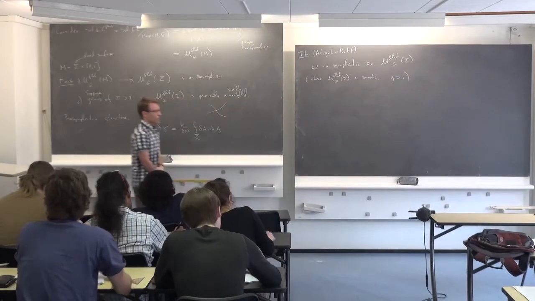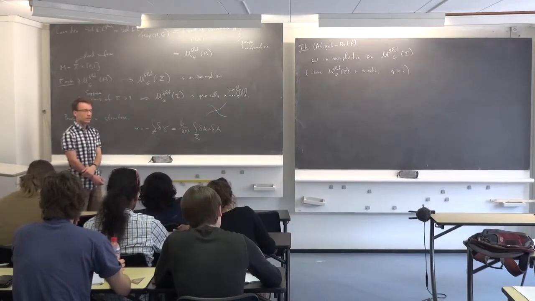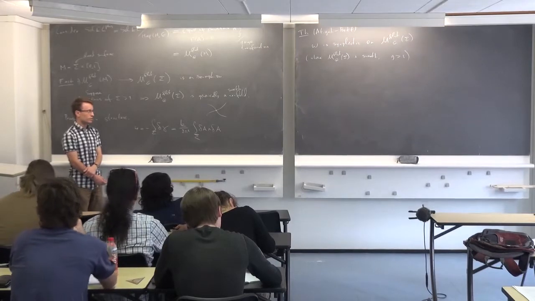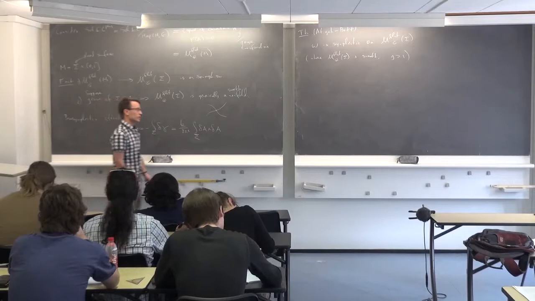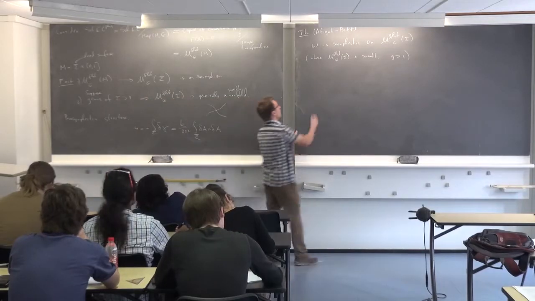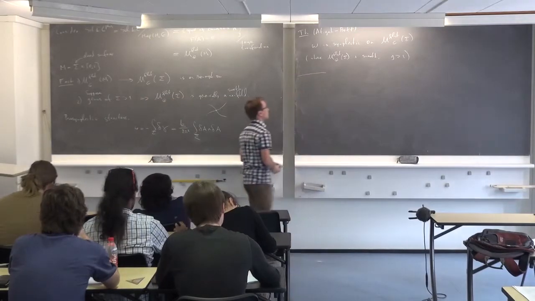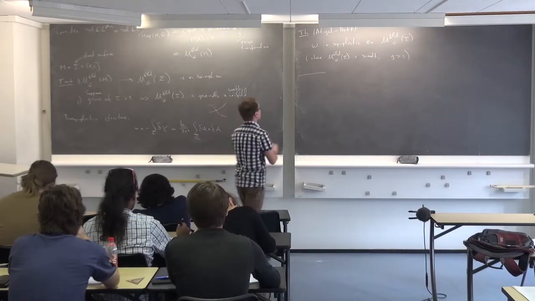All right, so this is all I want to say about non-abelian Chern-Simons. And I'll move on to another example of a gauge theory, which is a gauge theory with the introduction of some matter.